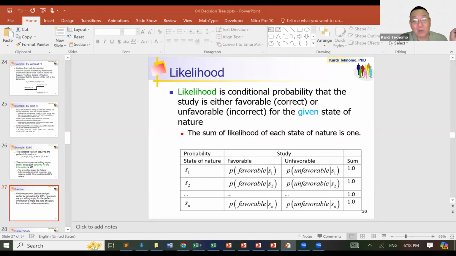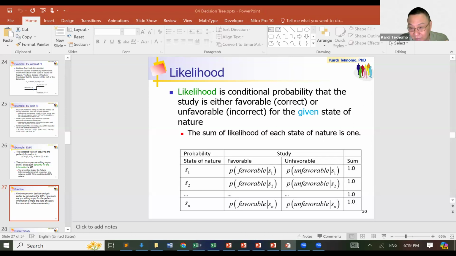you have either favorable in the study or unfavorable in the study. So in that case, what is this? This is the conditional probability, which is given the state of nature is S1 and the market study is favorable, correct.